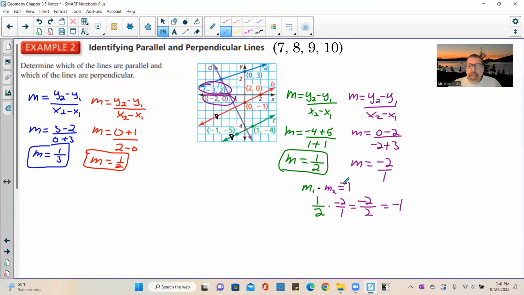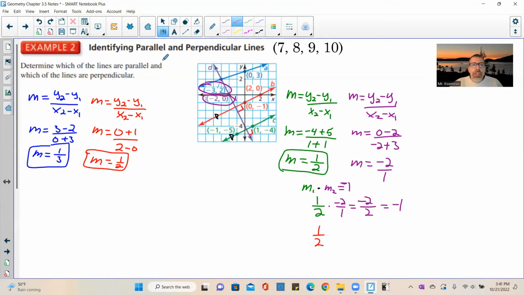So when you get a -1 when you multiply the slopes, they are in fact perpendicular. So obviously, if I put 1/2 in for the red one, you're going to get the same thing. I'm not even going to do it. That's also a 1/2. So since two lines are parallel, the transversal that is perpendicular to one has to be perpendicular to the other. So I will mark these as perpendicular.